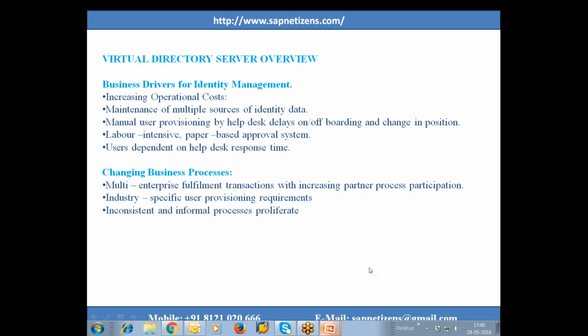Next we'll deal with changing business processes. Here, multi-enterprise fulfillment transactions with increasing partner process participants, industry-specific user provisioning requirements, and inconsistent and informal processes proliferate.